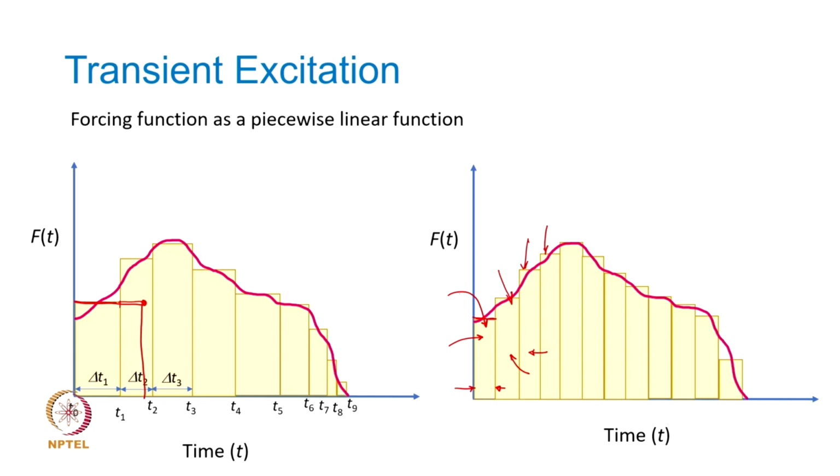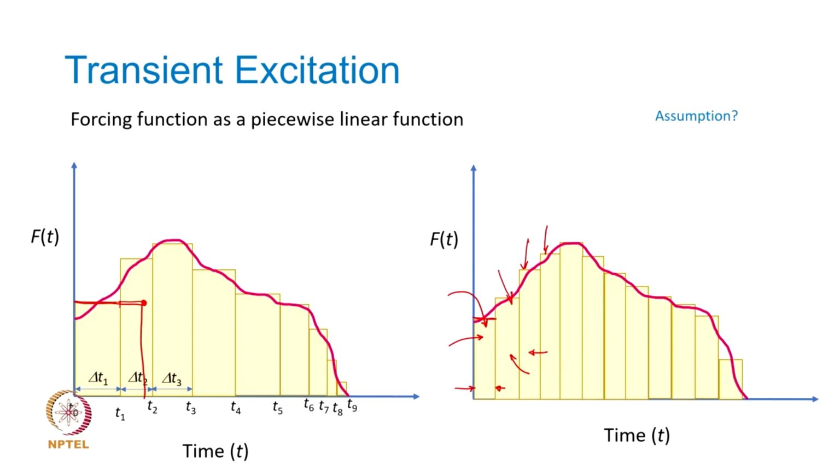And the total response is going to be the summation of all these impulses acting on the system, and therefore, the linearity assumption is going to be the mainstay of the evaluation process. We assume that the system is linear, and therefore, all of these separate impulses can be treated individually and separately, and the total response will be the linear summation or superposition of the responses due to individual impulses.